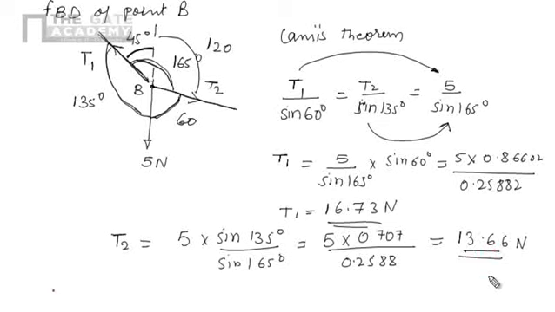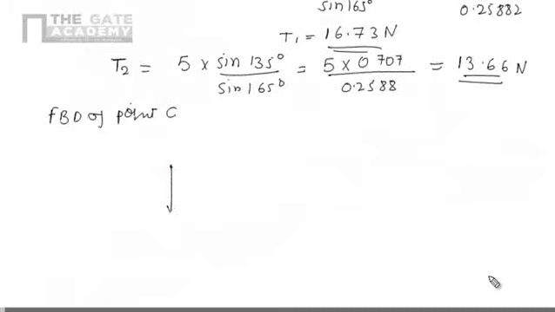Now let's talk about the free body diagram of point C. At point C, there will be a downward force W, then BC and CD. For BC we know the tension is T2, and here we can define the tension T3.